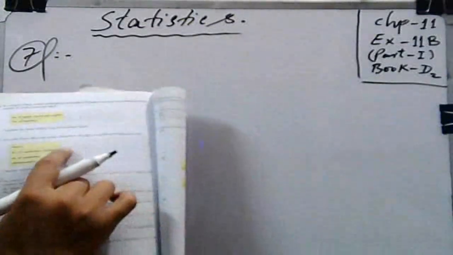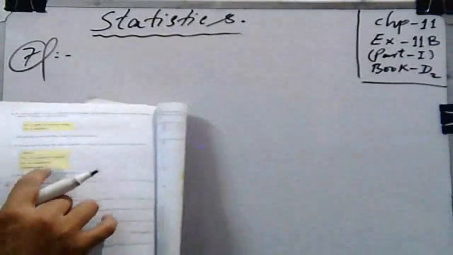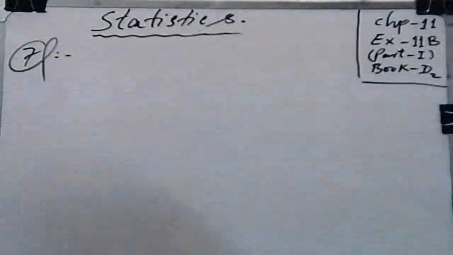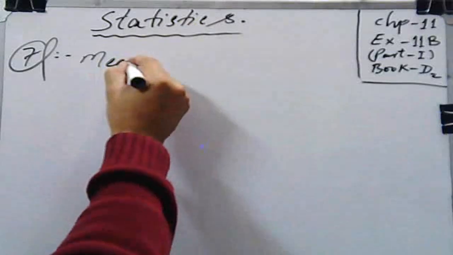Similarly, for mathematics you have to make it in a similar way. First, for example, the mean of English. How can you find the mean? That is for the English subject.